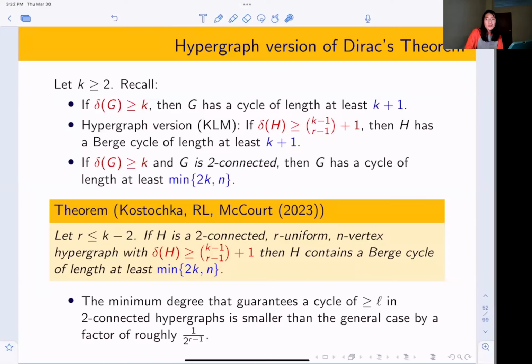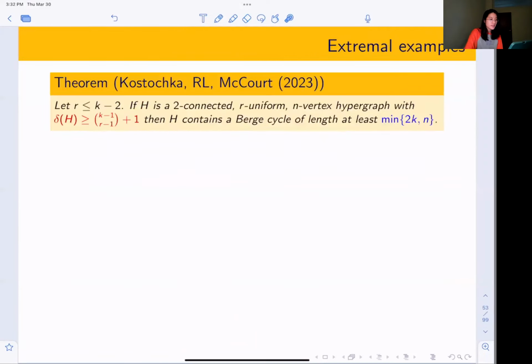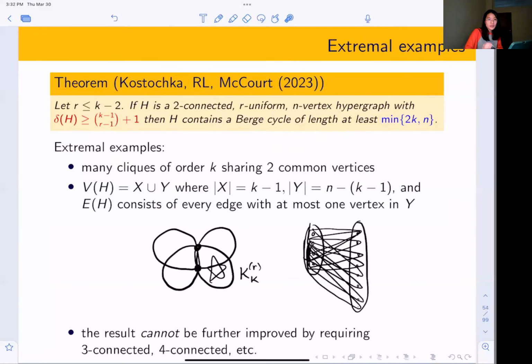So in particular, the minimum degree required is smaller here by roughly a factor of 1 over 2 to the R minus 1. So this is pretty significantly better, especially when R is large. Right, if anyone has any question, feel free to stop me. This is just the same result repeated.